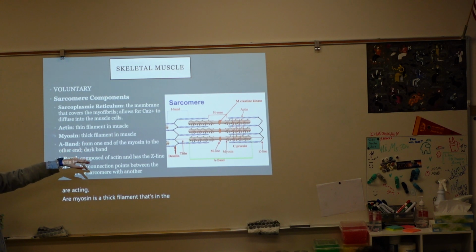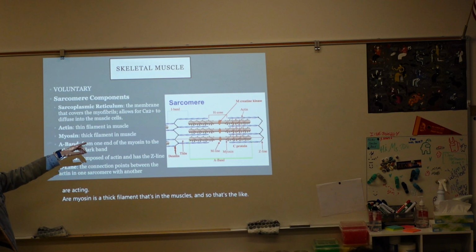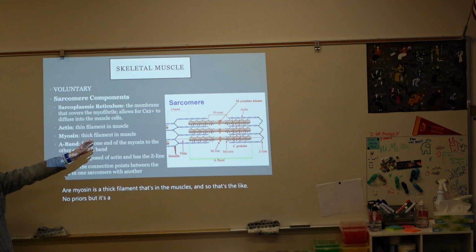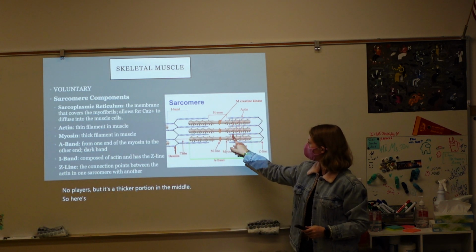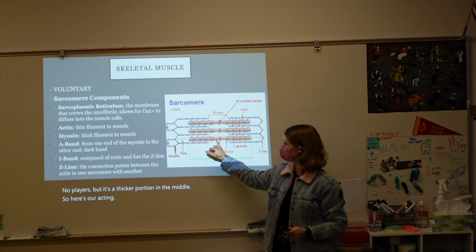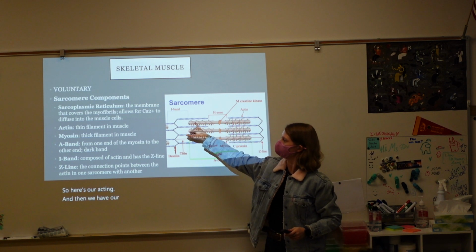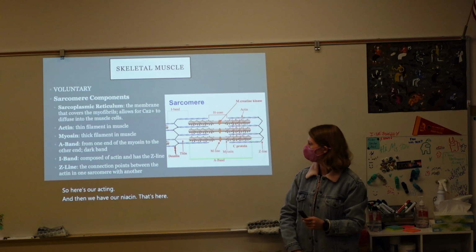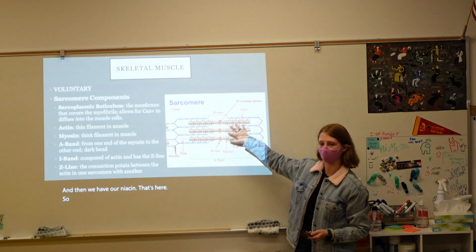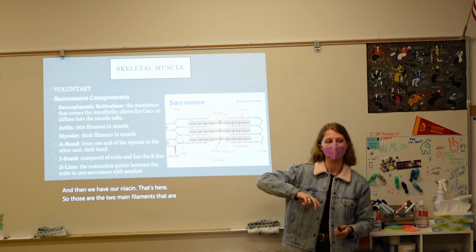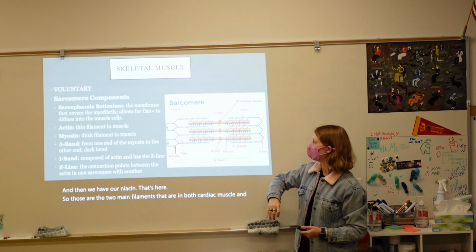And that's, I don't even know what color that is, but it's the thicker portion in the middle. So here's our actin here, and then we have our myosin that's here. Those are the two main filaments that are in both cardiac muscle and in our skeletal muscles.